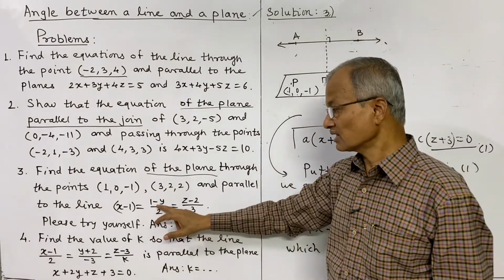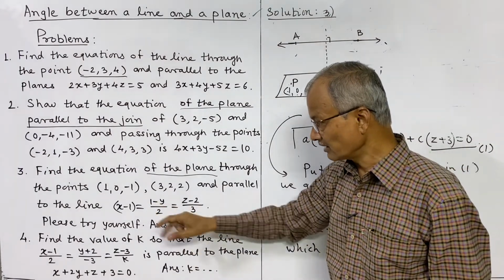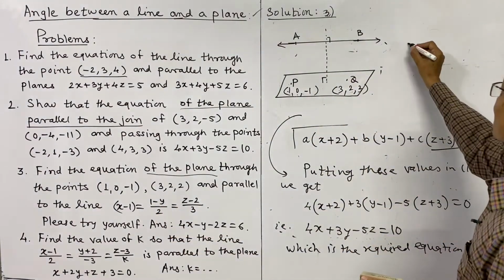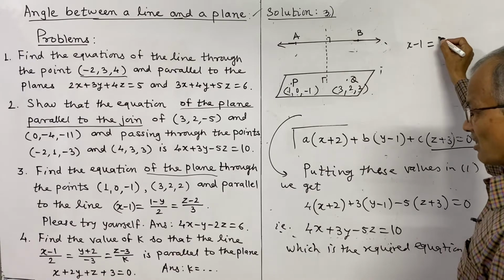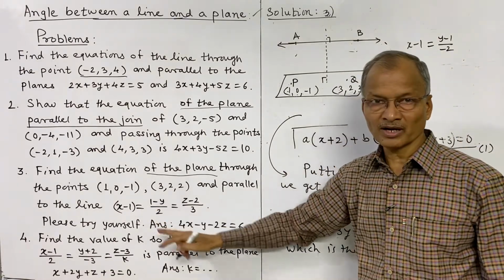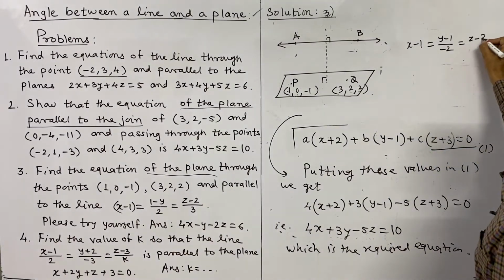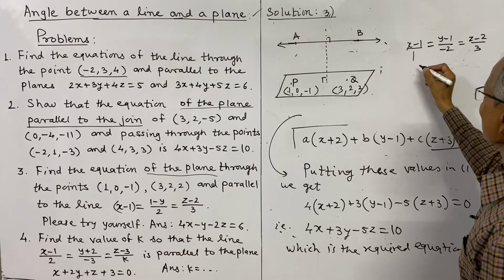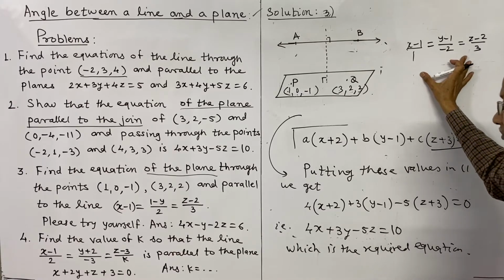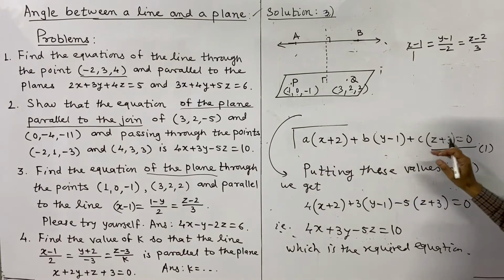It must be written as y minus something or plus something. So we have to change the sign here, and the equation must be written as x minus 1, y minus 1 divided by minus 2, multiplying both numerator and denominator by minus 1, and then z minus 2 divided by 3. So the DRs of the line are 1, minus 2, 3.